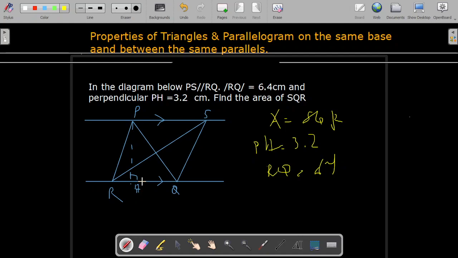We've learnt that triangles lying on the same base and between the same parallels are equal in area.